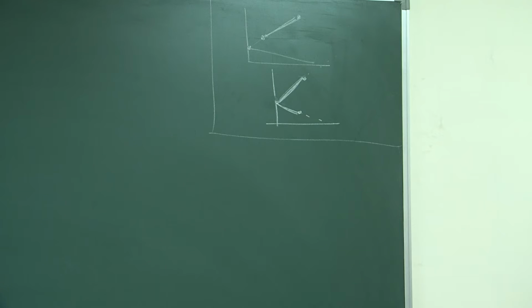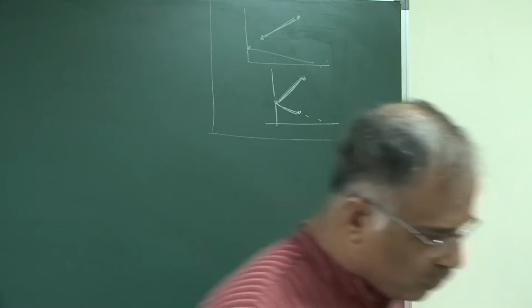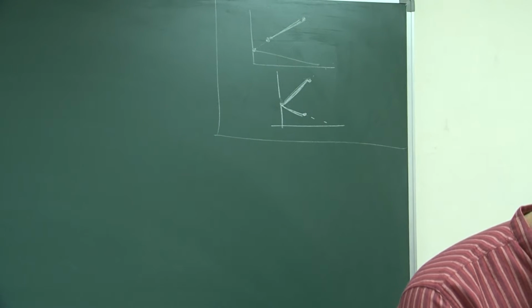So, now we will try to look into the case when rho is between +1 and -1.